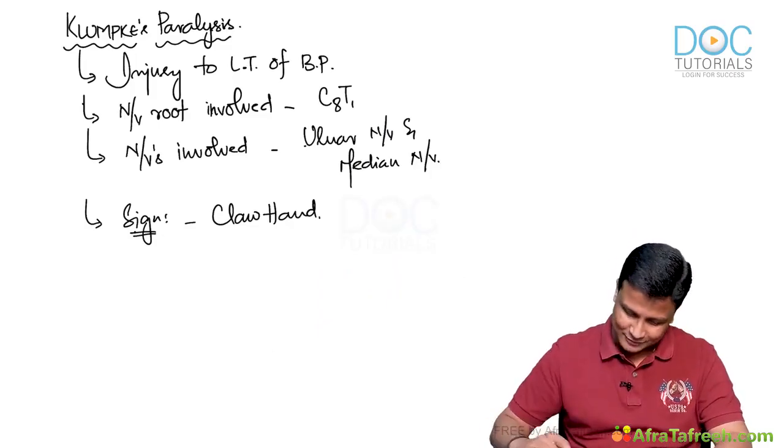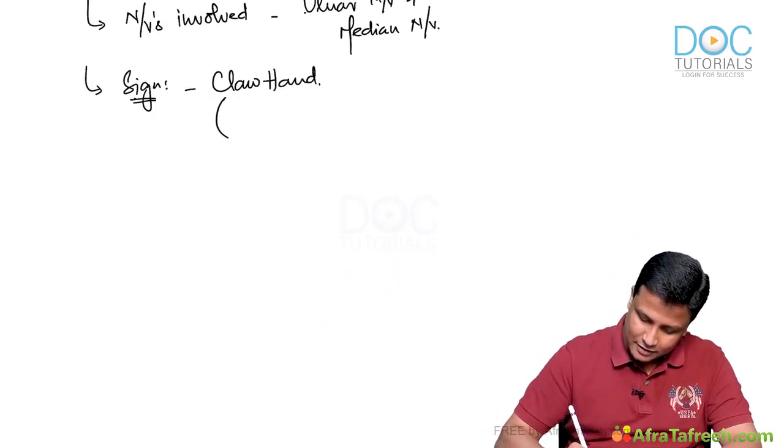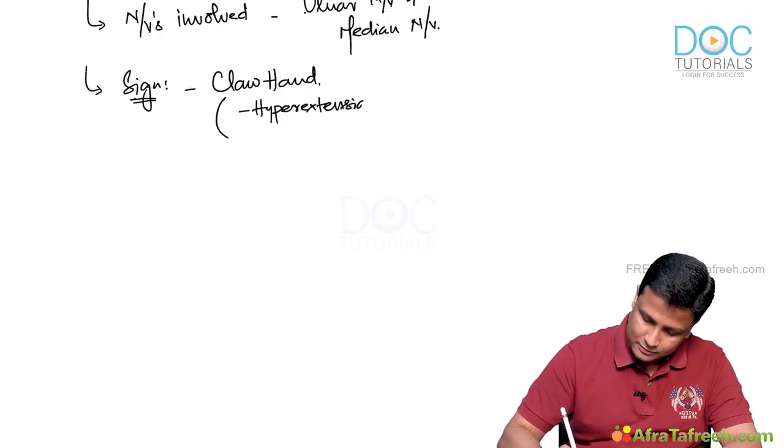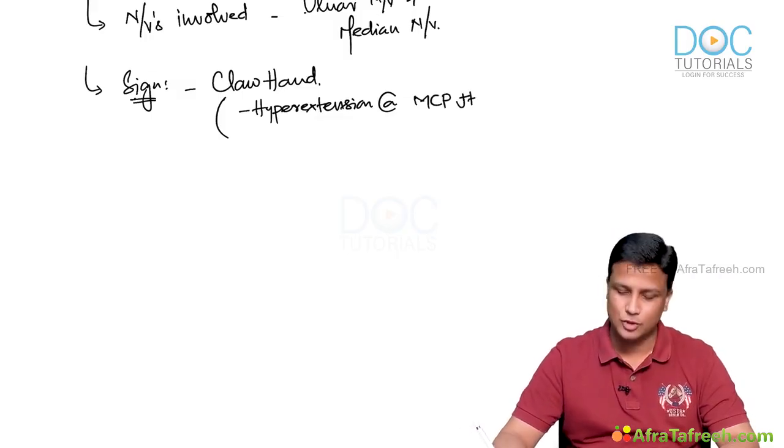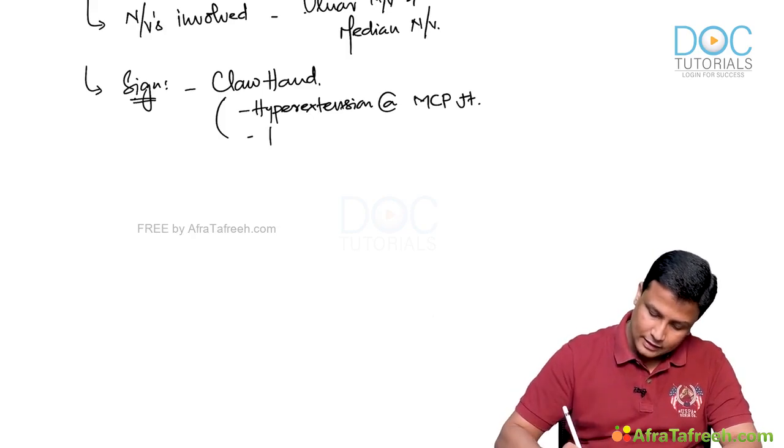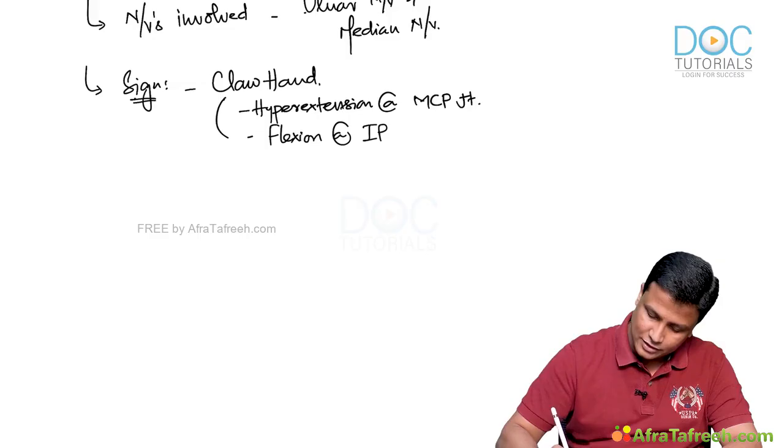No need to mug up at all. So let us write down here. How is this claw hand made here, sir? Hyperextension at the metacarpophalangeal joint, MCP, and then there will be flexion at the interphalangeal joints.